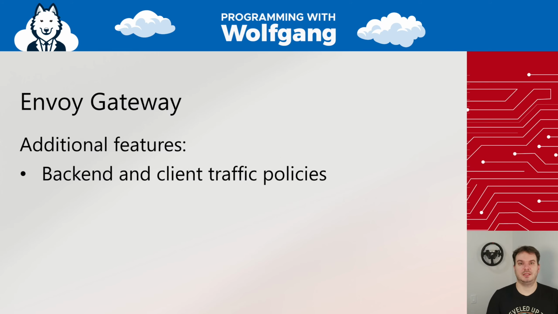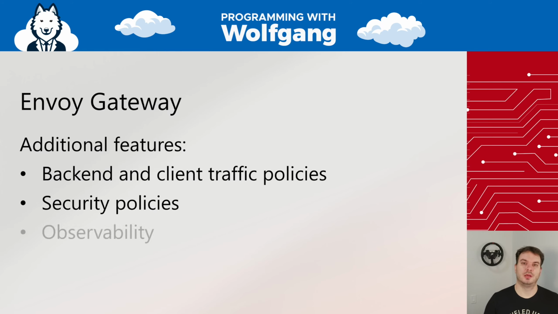Envoy also offers additional features like all the other tools. With Envoy, we have, for example, backend and client traffic policies. This means we can configure how the traffic should flow. Then we can also configure security policies. We have observability. This means we can see what is going on in our cluster and with our applications.